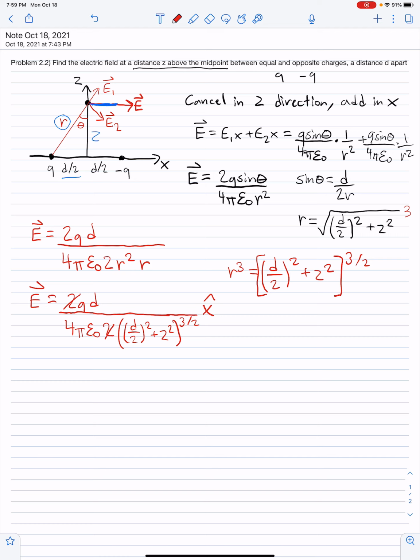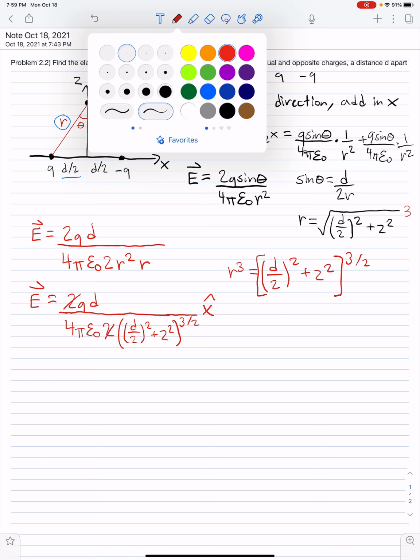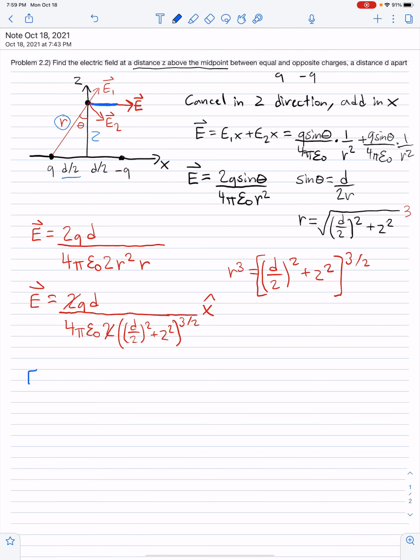So just to write it out one more time, and I'll write it out in blue, the electric field is equal to qd all over 4 pi epsilon naught times (d over 2) squared plus z squared to the 3/2 power in the x hat direction.